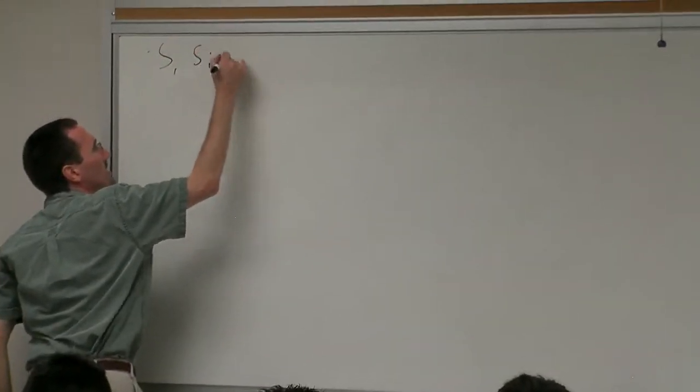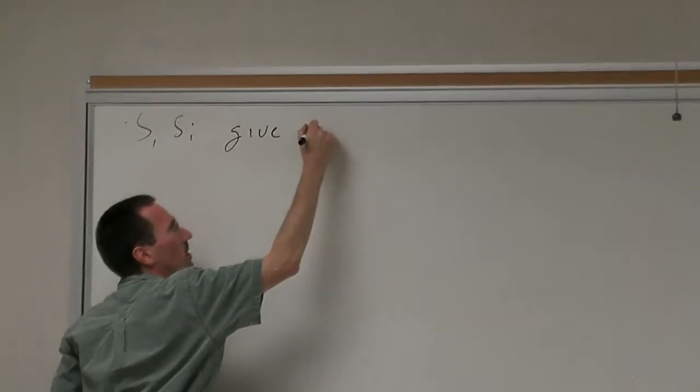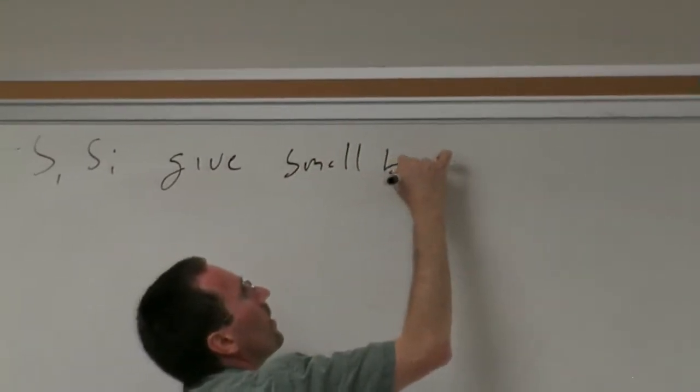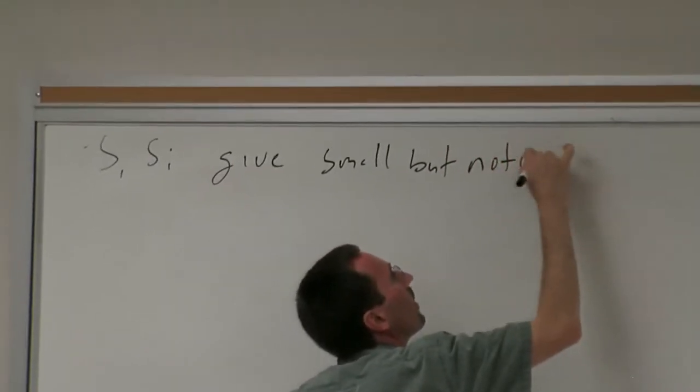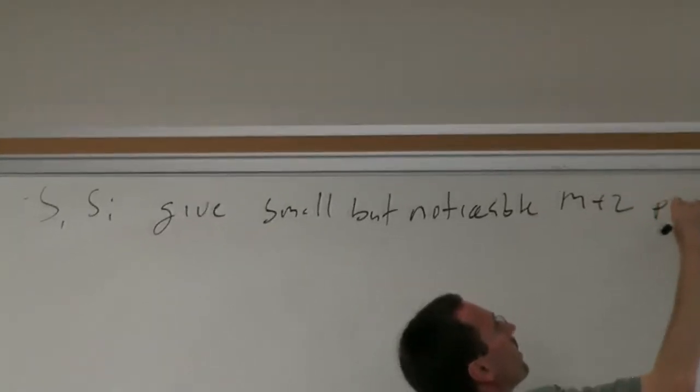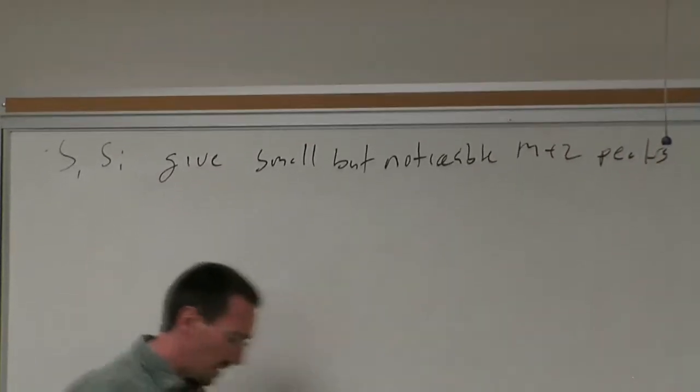So as I said, sulfur and Si give small but noticeable M+2 peaks. So let's take a look.